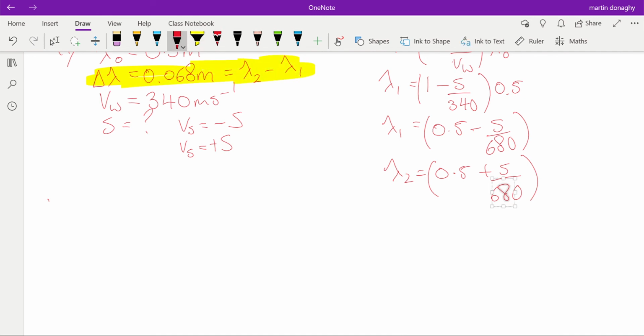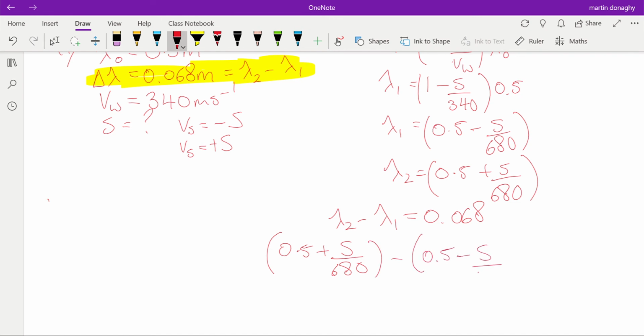So we have that lambda 2 minus lambda 1 is equal to 0.068 meters. Well, lambda 2 is 0.5 plus s over 680, minus lambda 1, which is 0.5 minus s over 680, which is 0.068.